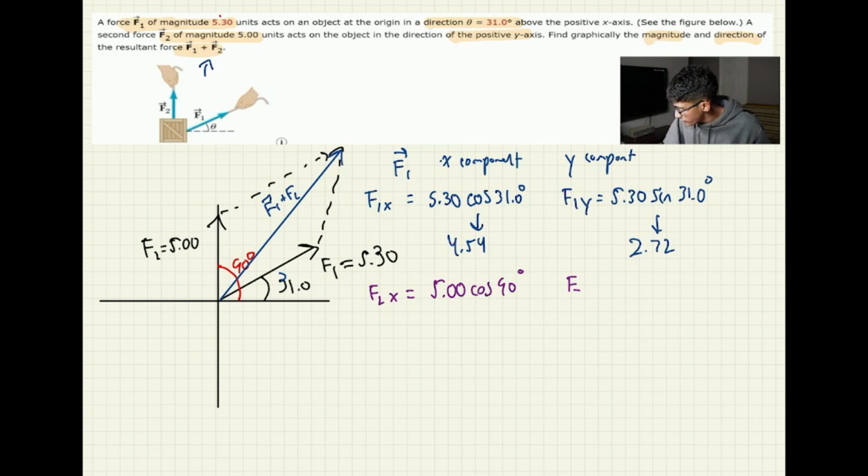And F2y is equal to 5.0 sine of 90 degrees. So just go ahead and solve that. Okay, I got 0 right here, and I got 5.